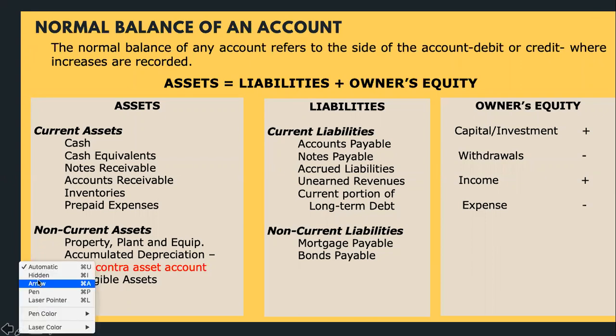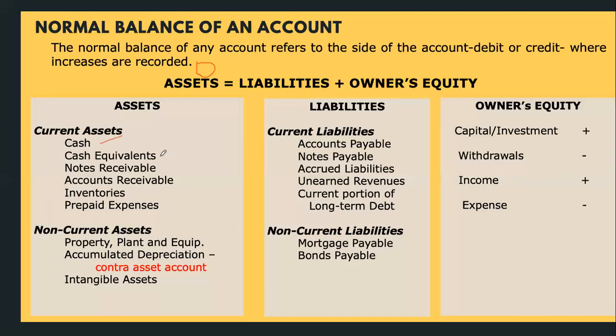Asset has a normal balance of debit. So every time we debit asset, the balance of asset will increase. Every time we debit cash equivalent, every time we debit these accounts, the total asset will increase also.